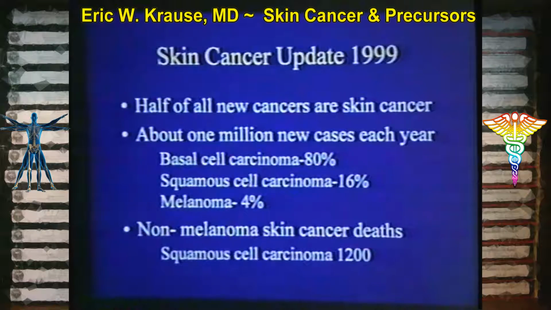There'll be approximately 1,200 deaths from the non-melanoma skin cancer, and a little over 7,000 deaths from melanoma. So although melanoma will only represent 4% of the skin cancers, it will account for a larger number of the deaths related to skin cancer.